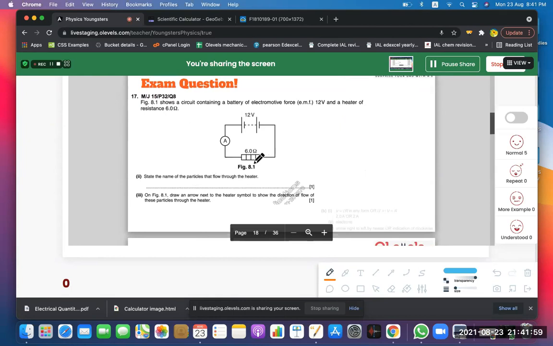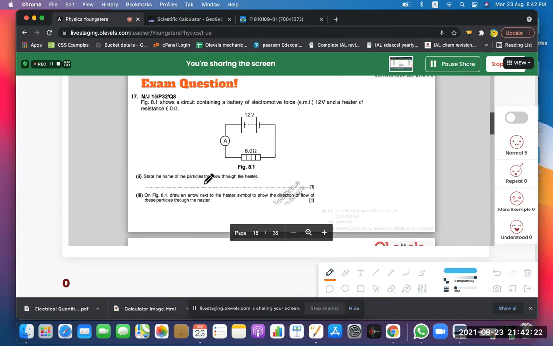Figure 8.1. Okay, I just told you what our technique is. We first read the final question. We do not need to read the scenario first. You don't have to underline the keywords first.